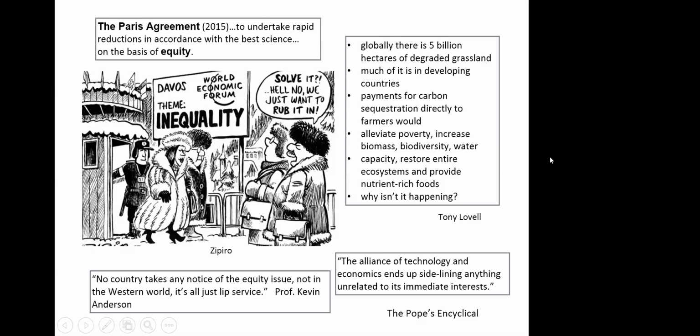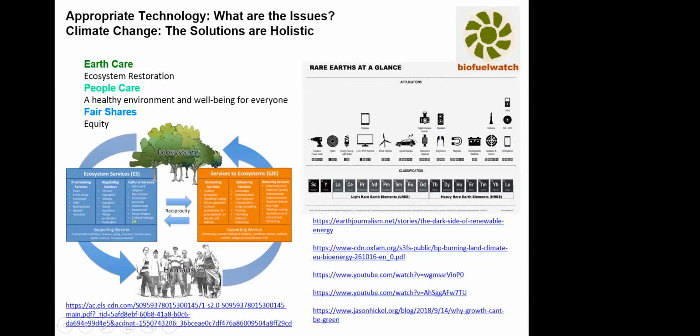Last slide for me, please, Edio. So just to round it off, I broached some of the issues around appropriate technology so that it's not just technology, it fits into a perspective which will work towards looking for solutions to climate change, which are holistic.